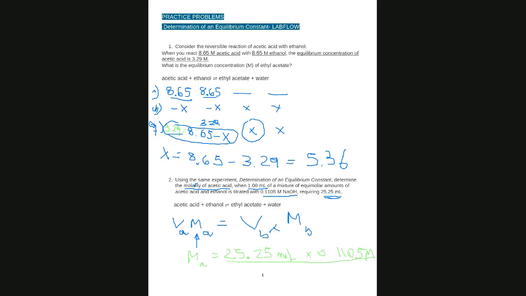The volume of the acid, that is 1 ml. ml and ml cancel, and I obtain a concentration of acetic acid that is 2.79 molar. This is the way you are going to do it. Any questions with this problem too?